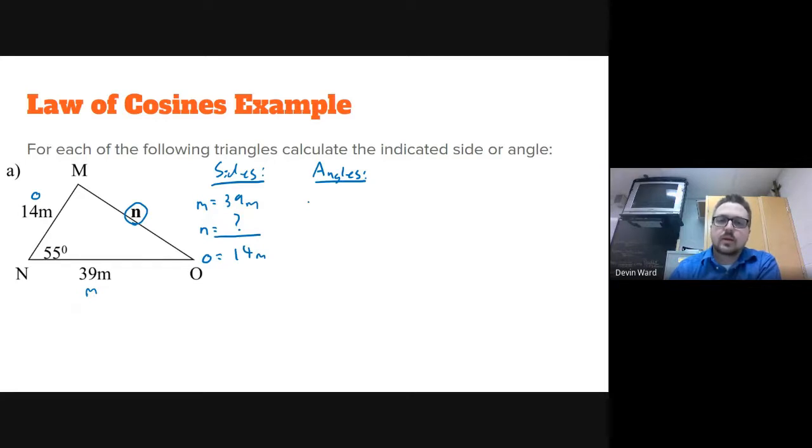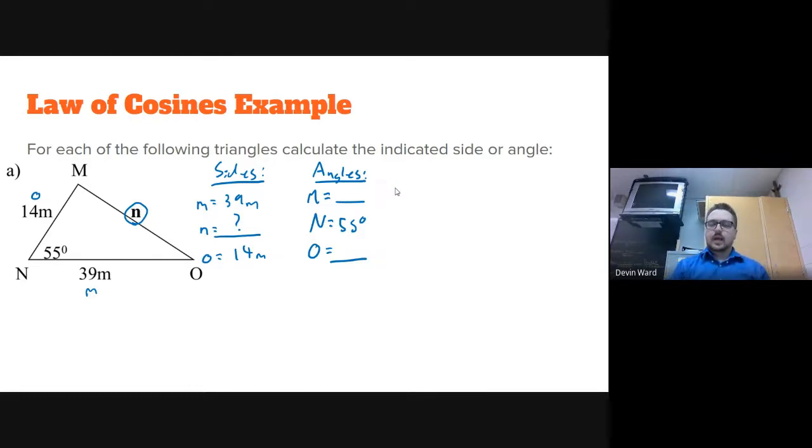Our angles: capital M, we don't know, but we don't care in this example because all we're looking for is lowercase n. Capital N is 55 degrees. And capital O, also don't know, but we also don't care. Okay, so what we're going to use is n.